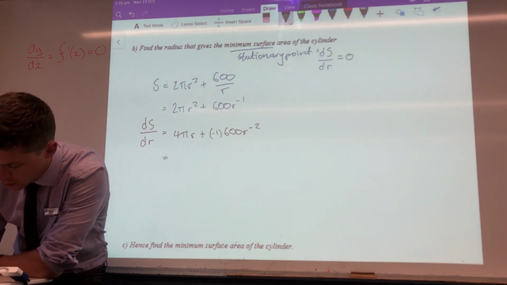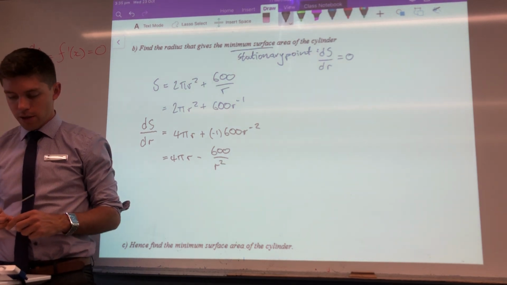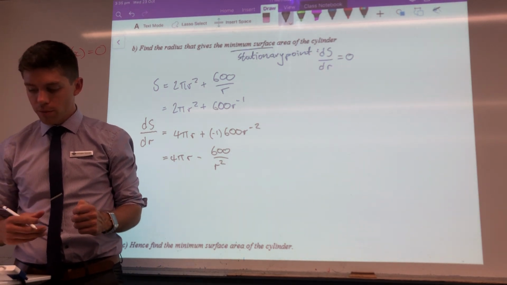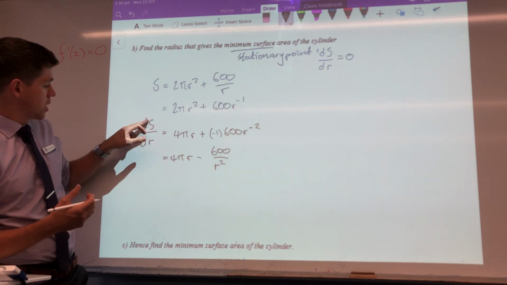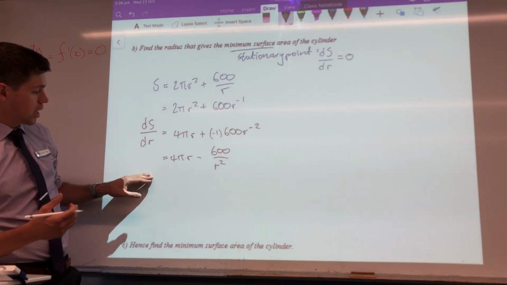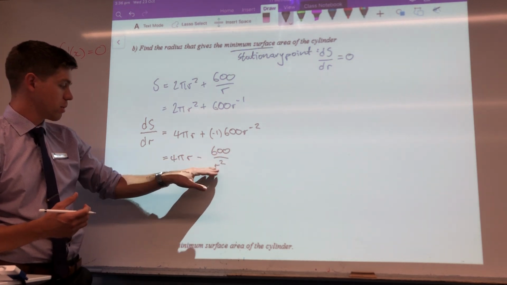Or dS dr is 4 pi r take away 600 over r squared. Now, the radius that gives the minimum surface area is going to be where dS dr is equal to 0. So now let's equate this formula, 4 pi r take away 600 over r squared, equal to 0.